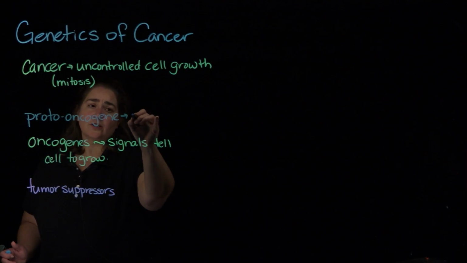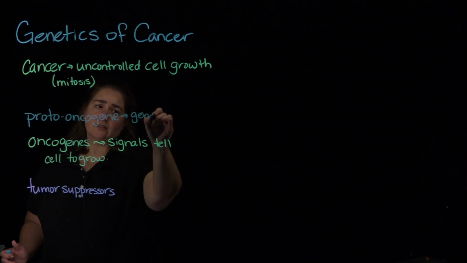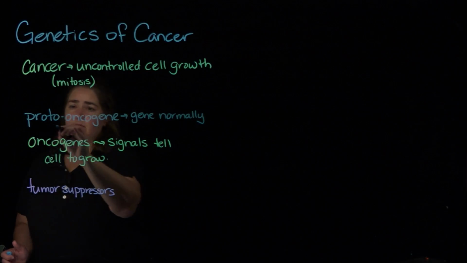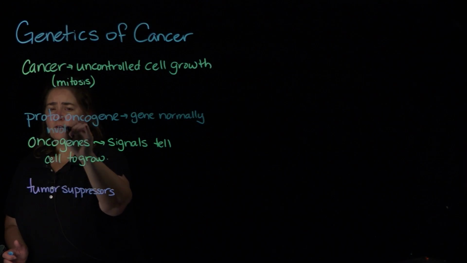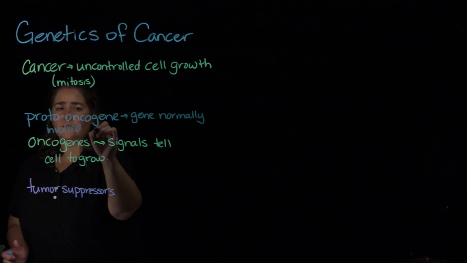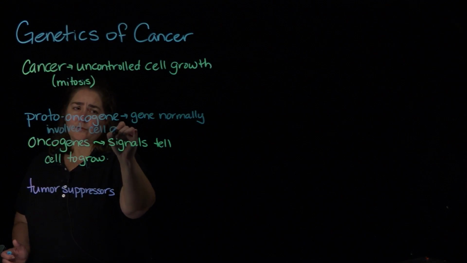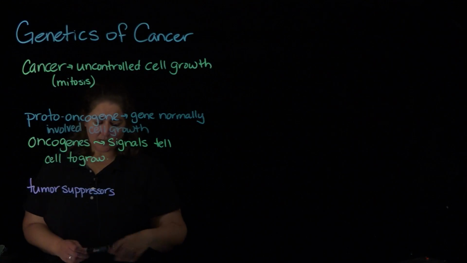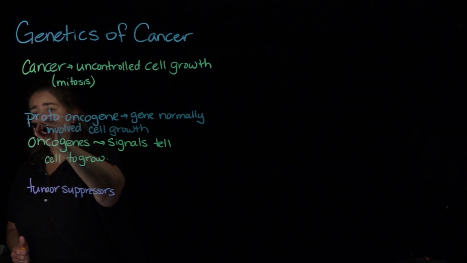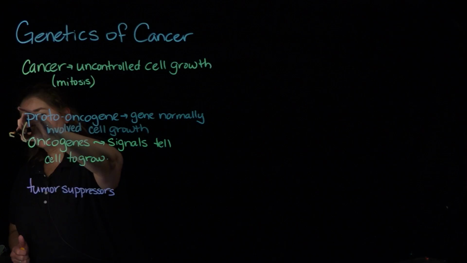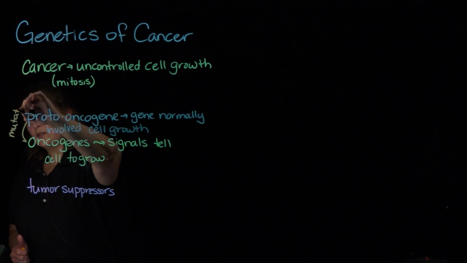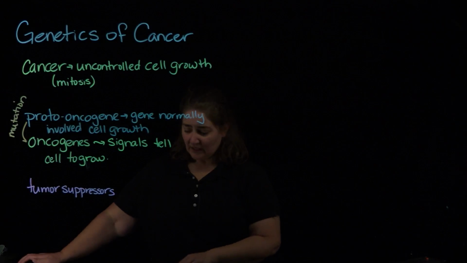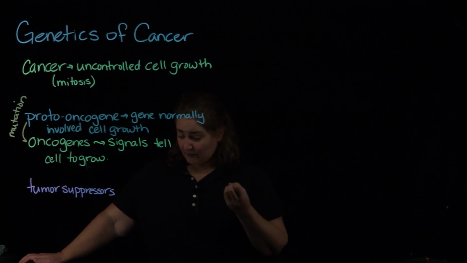A proto-oncogene is going to be a gene that normally is involved in cell growth. The difference between a proto-oncogene and an oncogene, we get a mutation that happens. So we get a change at the DNA level, usually, is what's going to happen.